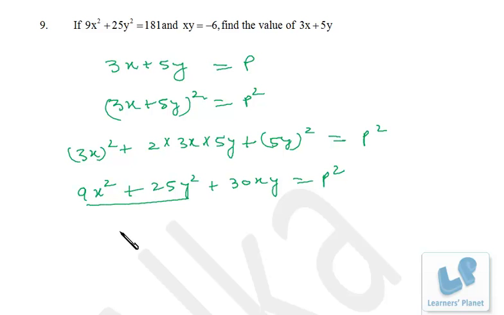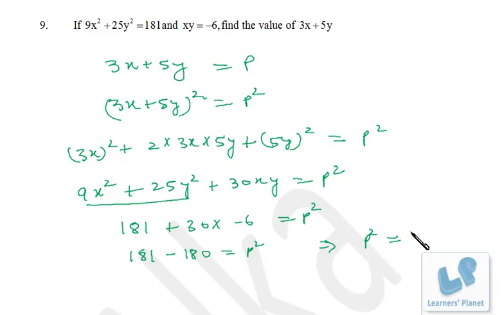From this I write 181 over here, plus xy is what? Minus 6. So it is 30 into −6 is equal to p². So it is 181 − 180, that's p². 181 − 180 is 1. So p² is 1, that means p is equal to plus minus 1. Now what p is? p is 3x + 5y, and the value of 3x + 5y is p, and that's 1 or −1. Okay?